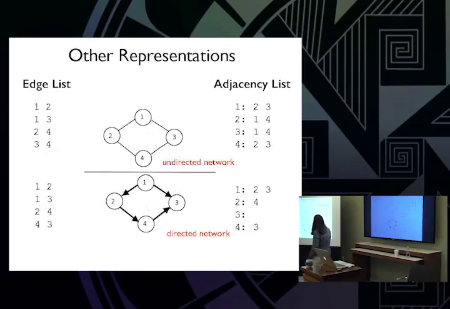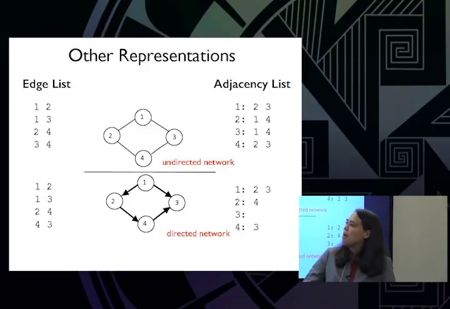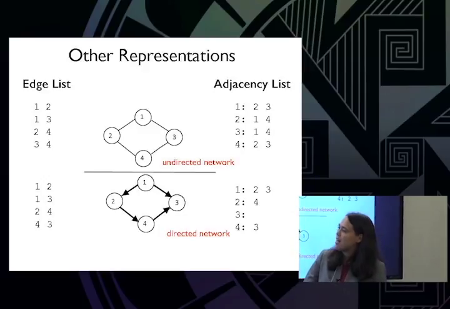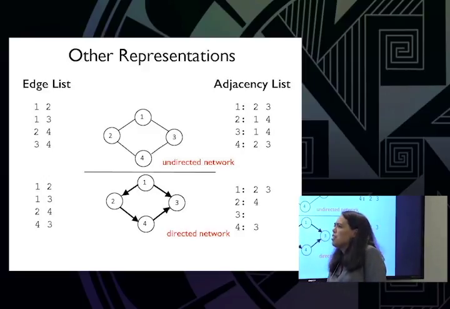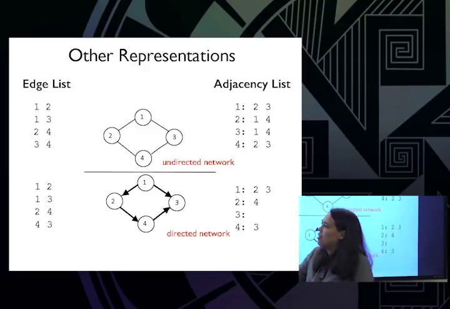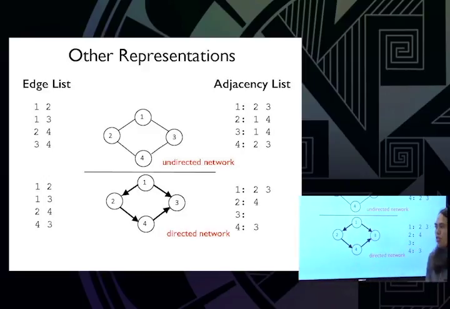An edge list, for example. Here we just write down the pairs of nodes that are connected by edges. I've chosen the convention that there's an edge between 1 and 2. I could have written it as 2, 1 also, but I write it down once with the lower numbered node listed first.